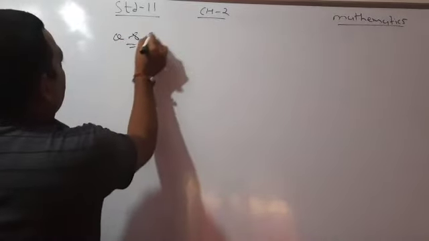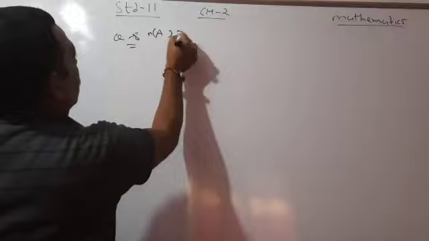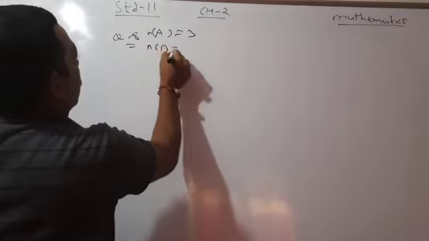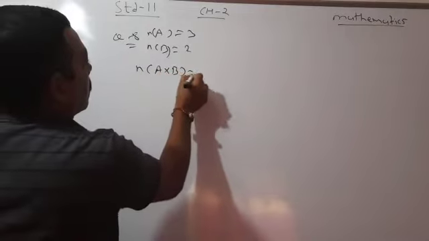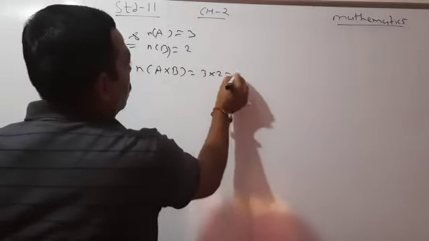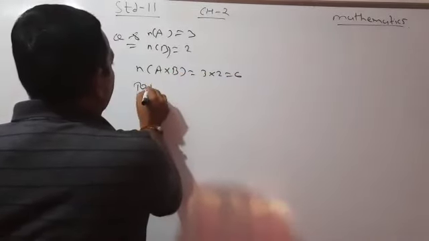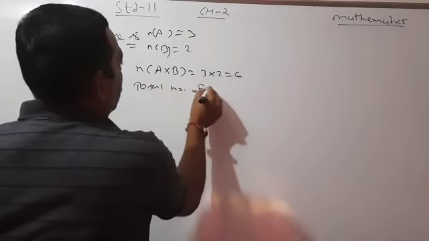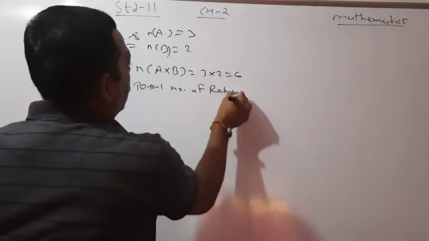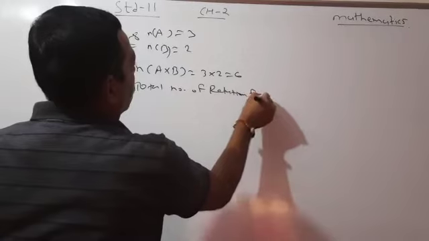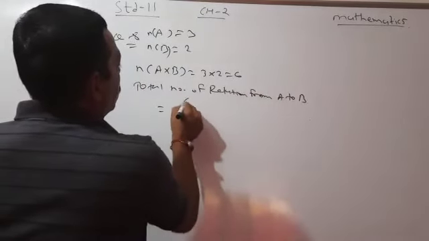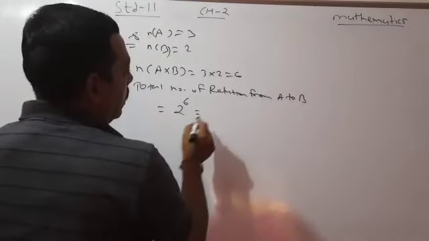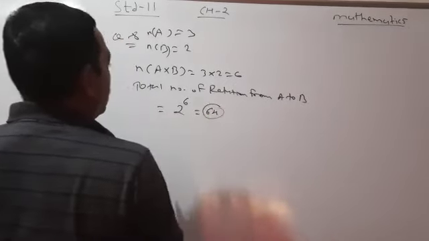Question number 8: A has 3 elements, B has 2 elements. So the number of elements in A cross B is 3 into 2, that is 6. So the total number of relations from A to B is equal to 2 raised to 6, that is 64. 64 relations are possible from A to B.